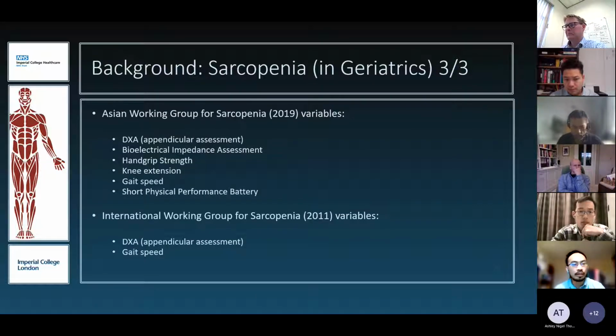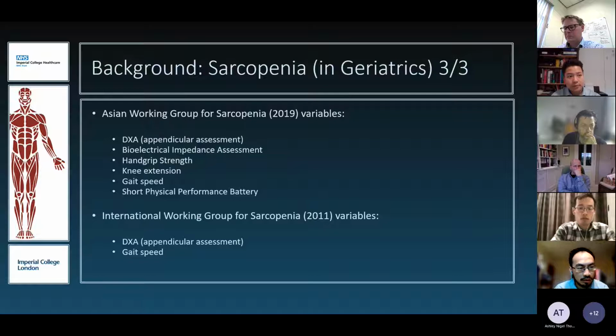If you look at the other working groups, besides the European group we've just touched on, there are also the Asian working groups, which look at exactly the same sort of battery of functional tests, and also imaging tests, including DEXA scans. And this is in many of the limbs. I suspect that's partly for ease, and also to minimize the already low dose of radiation involved in a simple DEXA scan.